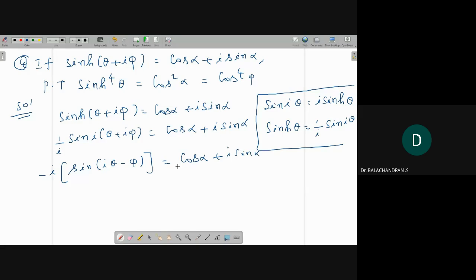Now this is equal to minus i into sin of A minus B formula: sin A cos B minus cos A into sin B, which equals cos alpha plus i sin alpha.